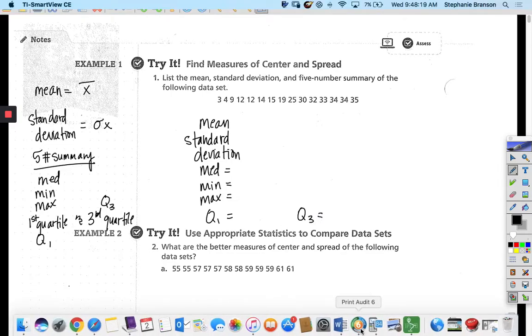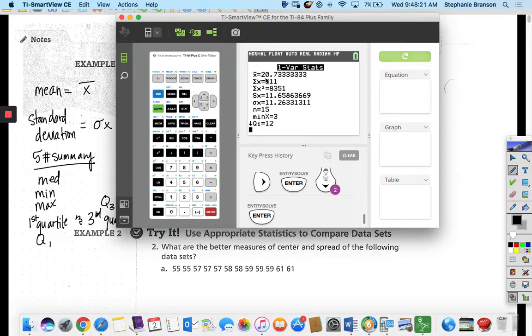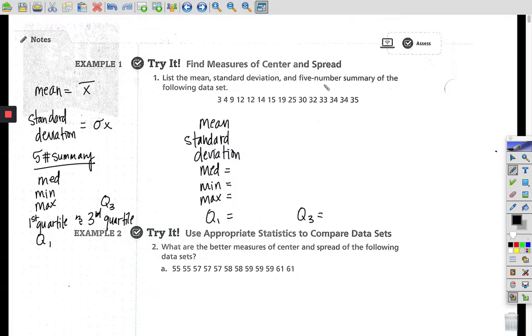So our mean, it's a decimal, approximately 20.73. Standard deviation, again, is also a decimal, so it's approximately 11.26.